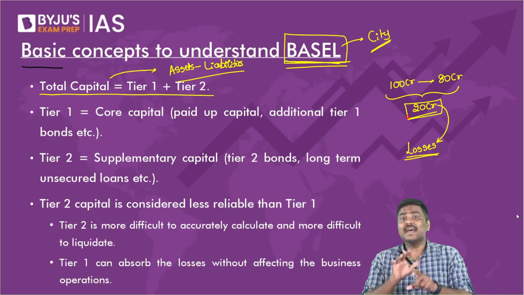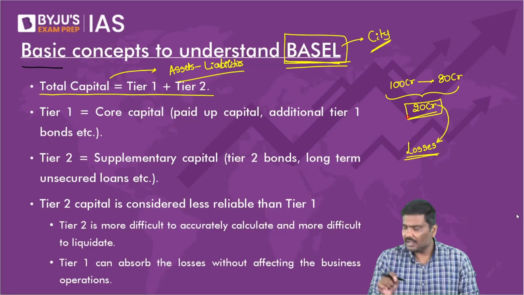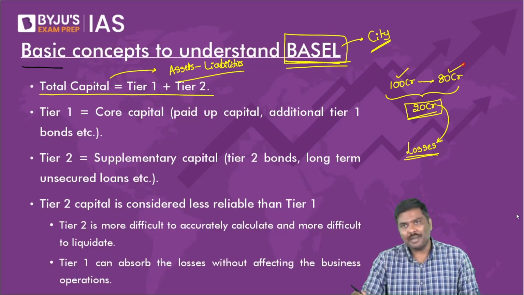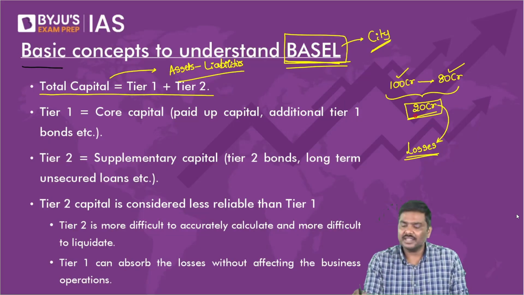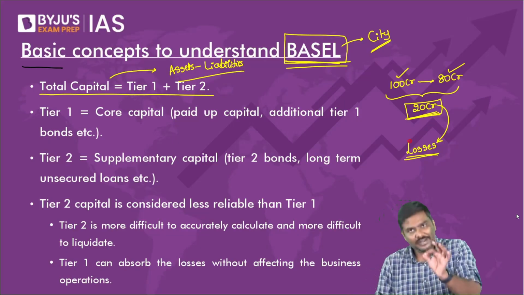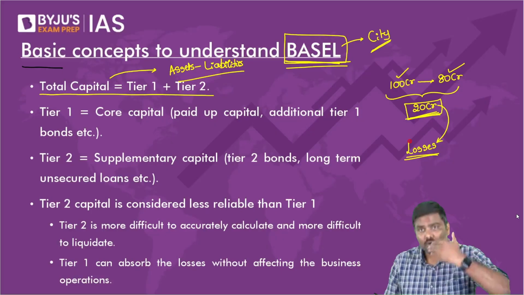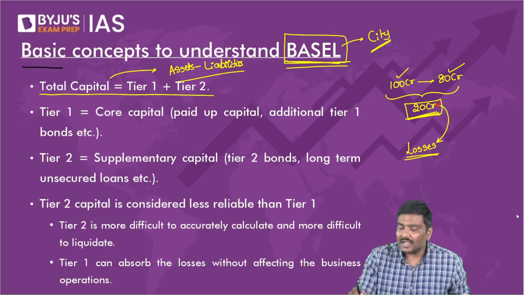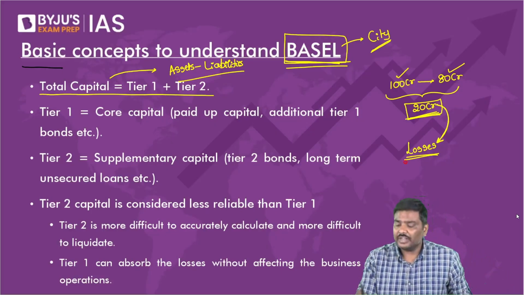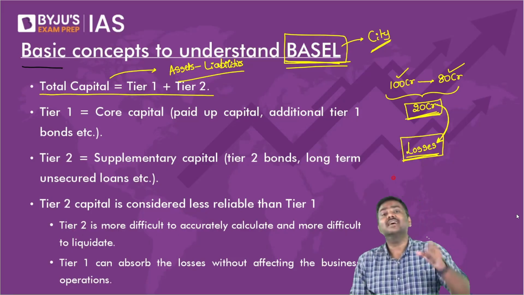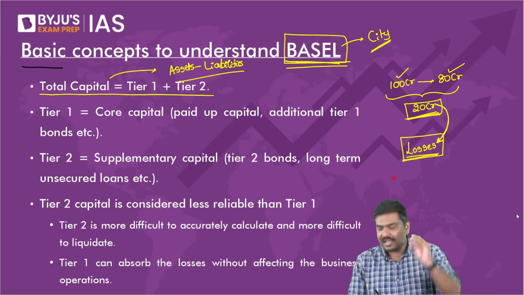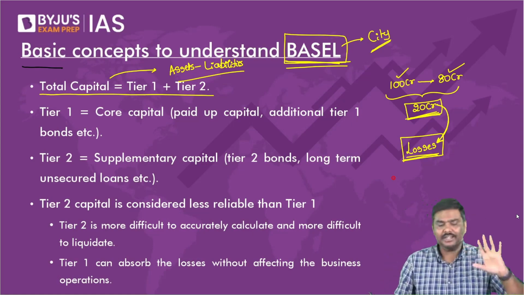And in this example, I said assets are 100 crore, liabilities of the bank are 80 crore, which means capital held by the bank will be 20 crore. What is the use of this capital? The bank will use this capital if at all there are losses incurred by the bank. Anybody has a problem with this? Let me know right now.